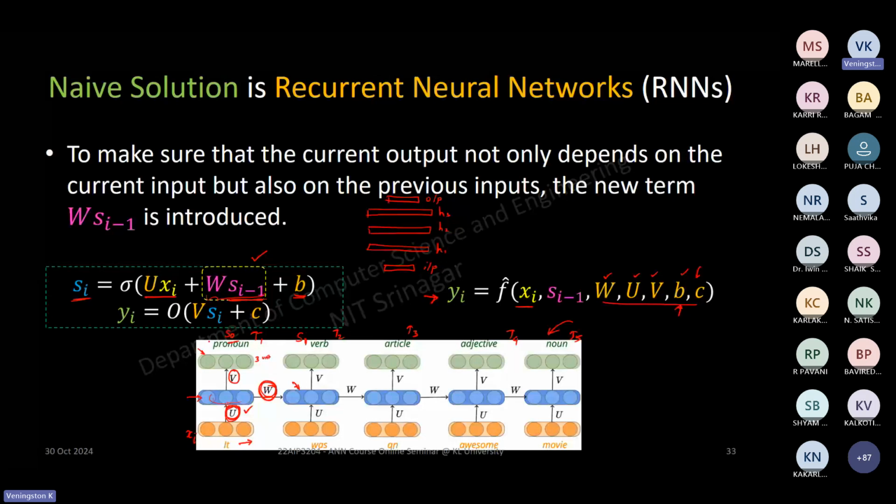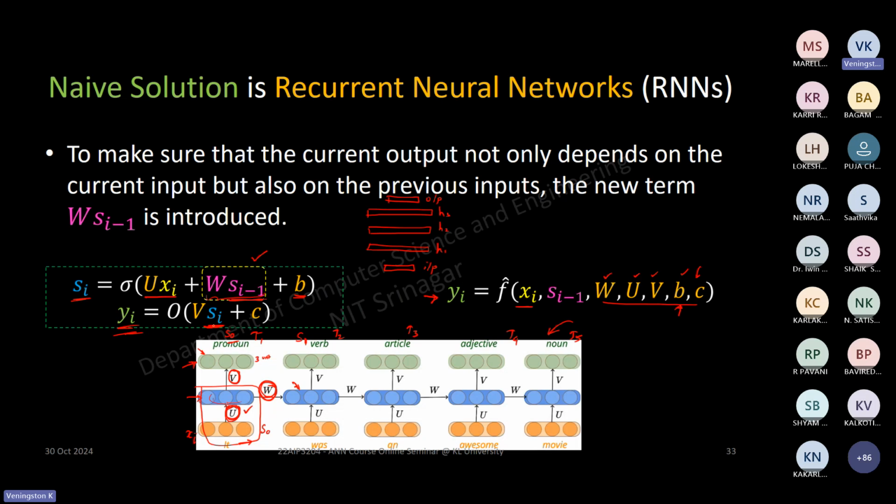And then we compute the output yi as the weight vector v multiplied by the current time step si, because it doesn't depend on the previous time step. The computation of output at every time step does not depend on the previous time step, it depends only on the current one.